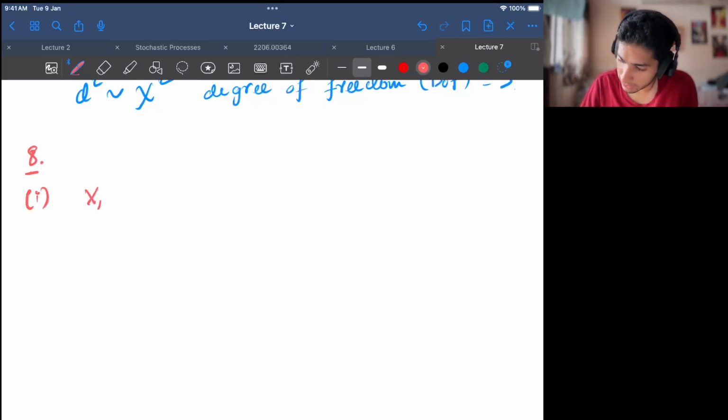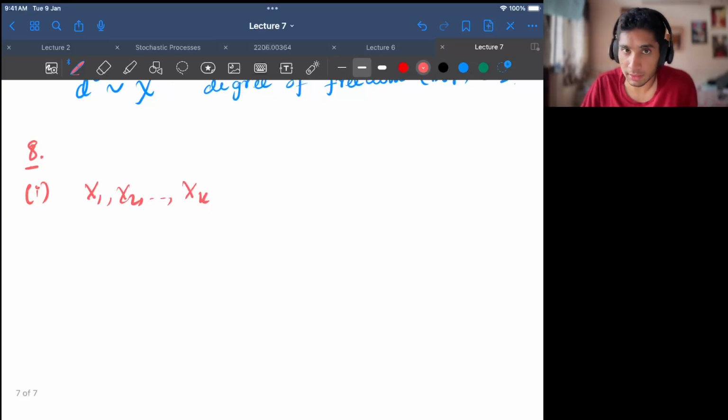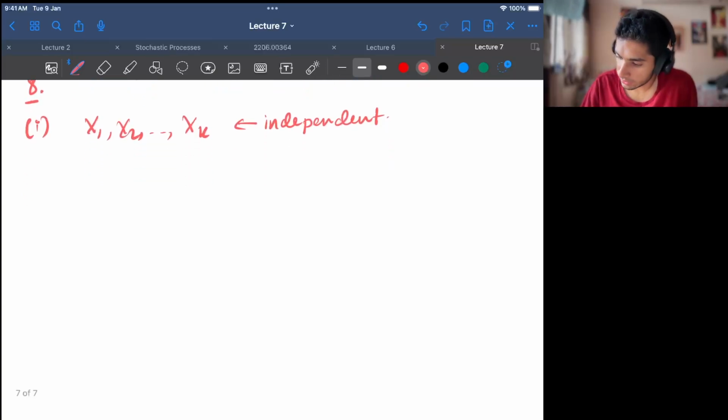x1, x2 till xk are some random variables. These are independent. Each xi is distributed according to a binomial distribution with parameters ni, comma p.